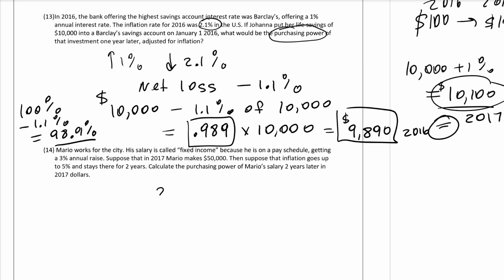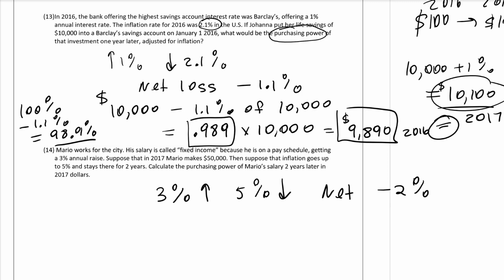So basically, his salary is going to go up 3%, but the inflation is going to make the value 5% less. So it's going to go up 3% and down 5%. So the net effect is that Mario is actually losing 2% in his purchasing power, because the inflation is pushing the value of the dollar lower.